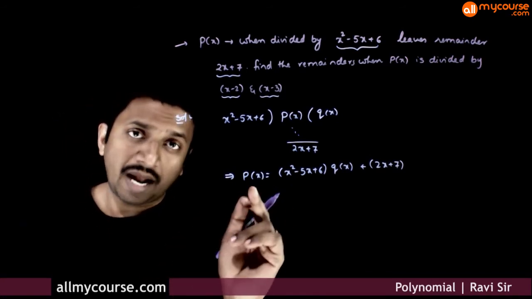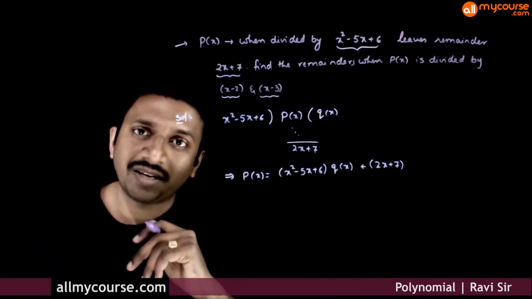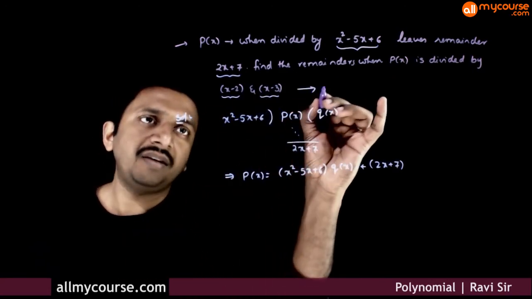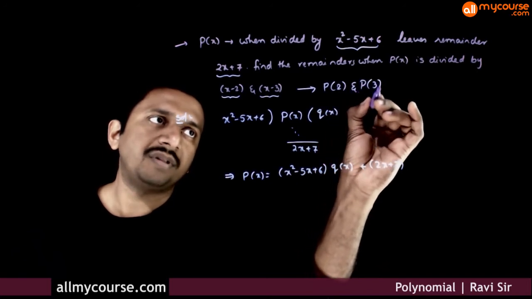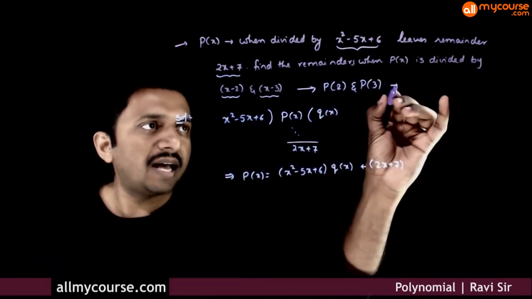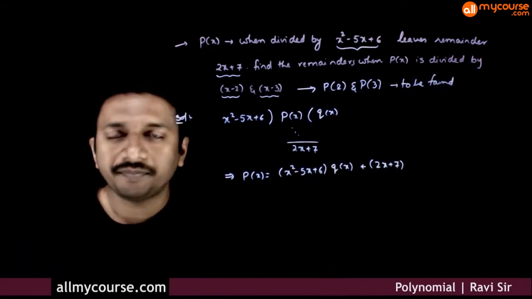Now, you're asked to find the remainders when p of x is divided by x minus 2 and x minus 3. That means effectively you're asked to find p of 2 and p of 3. These are to be found, right?